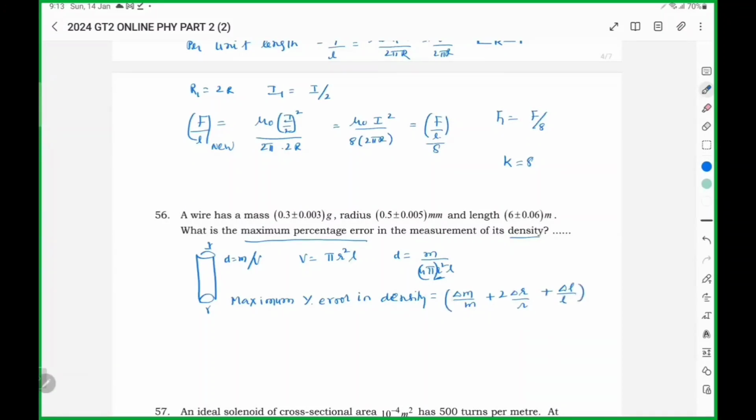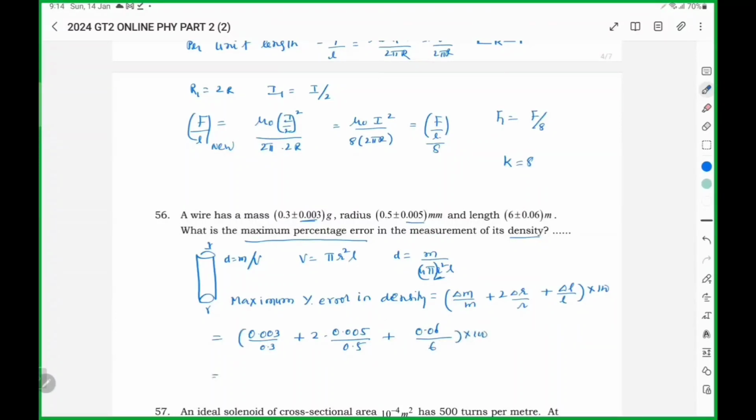Percentage error he is asking. Delta M, change in mass, by 0.3. Delta R, 0.005 by 0.5, plus delta L, 0.0006 by 6, into 100.